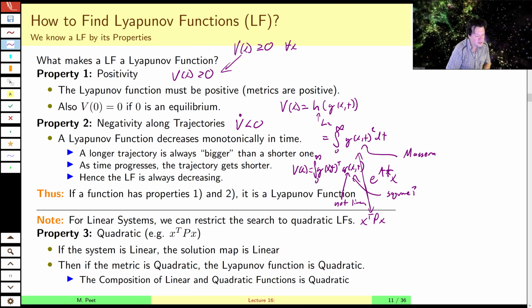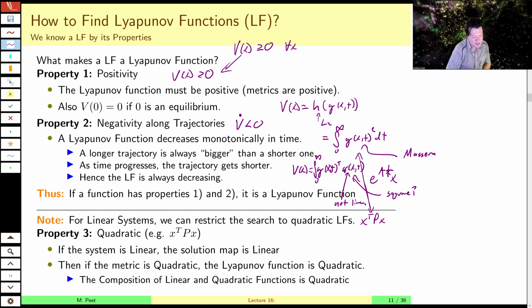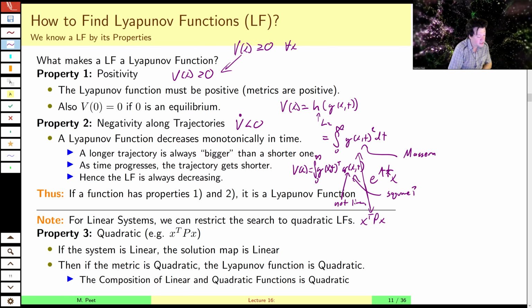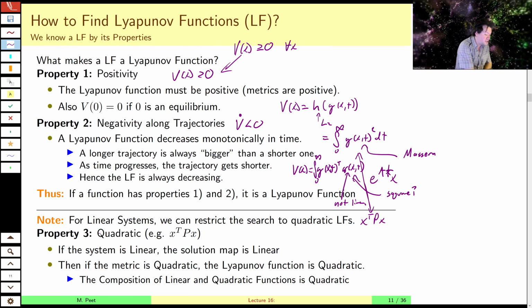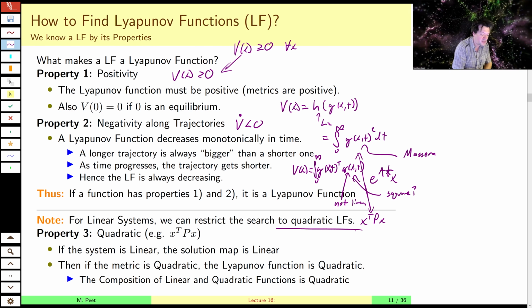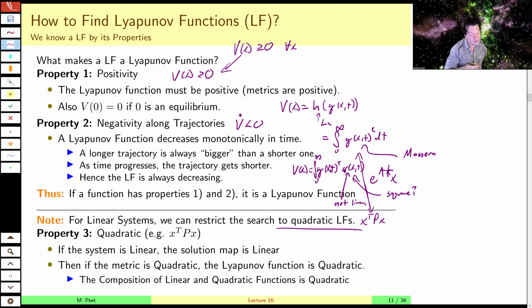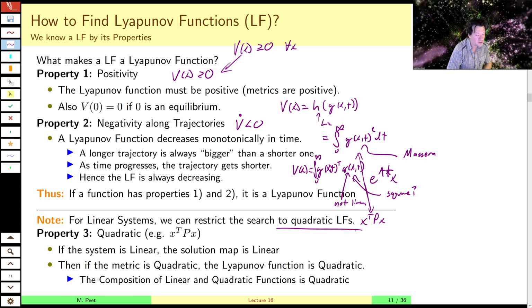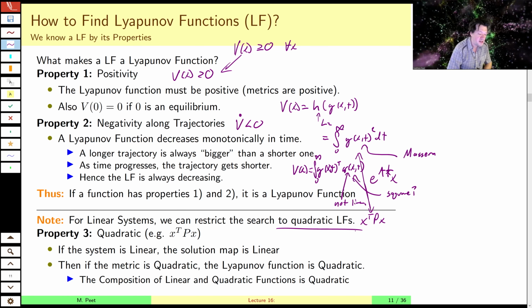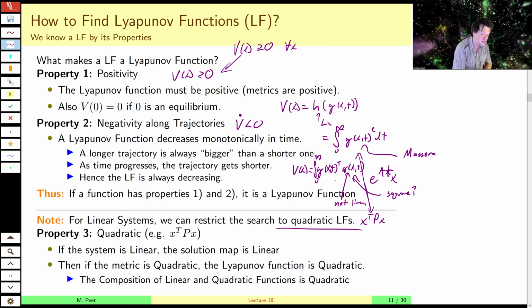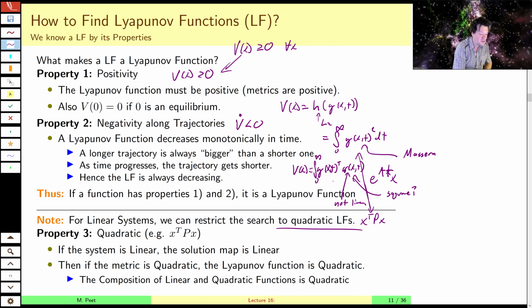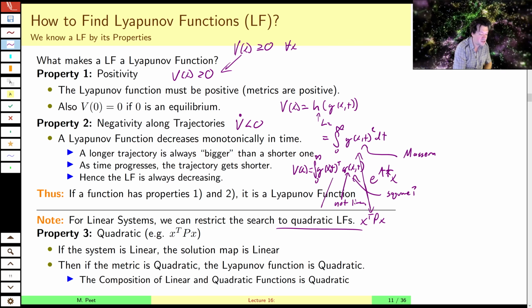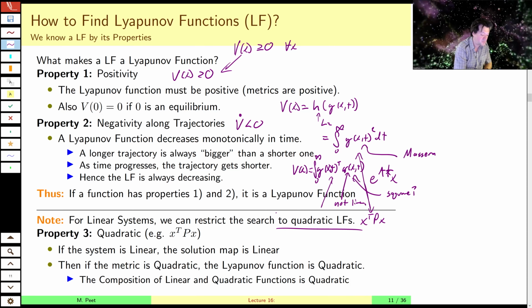So let's take this analog to the linear case and see where we can go with this. In particular, for linear systems, we can parameterize all possible Lyapunov functions using quadratic Lyapunov functions. Is it possible in the nonlinear case to also parameterize all nonlinear or non-quadratic Lyapunov functions using some kind of similar representation?